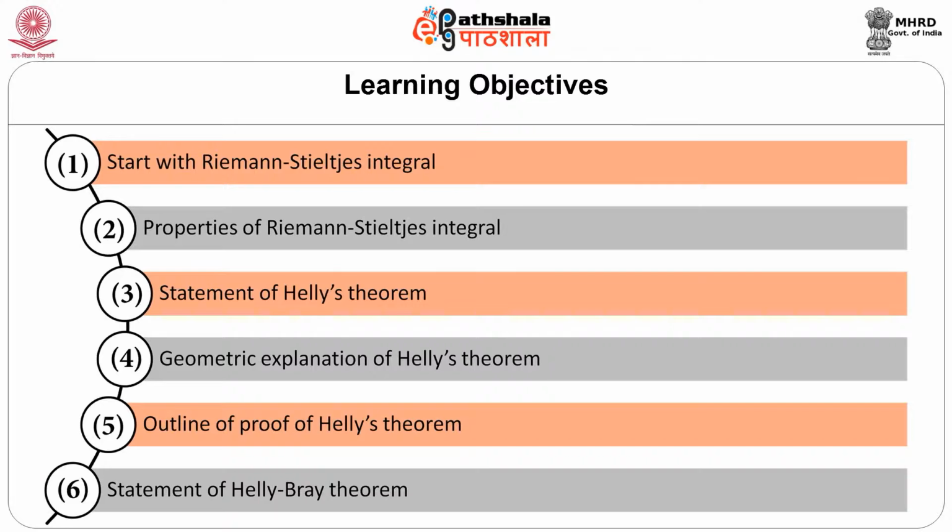Is there any relationship or connection between the limits of a sequence of functions, and can we define some kind of integrals and convergence with respect to this sequence of functions? So today's topic is mostly related to some important properties of Riemann Stieltjes integrals and some connection or transition between these integrals and sequences of functions and their limits.